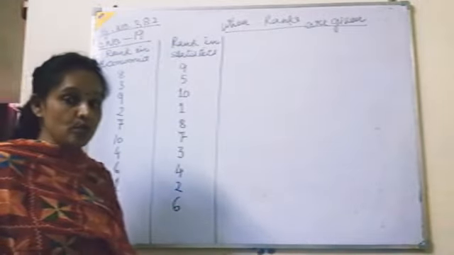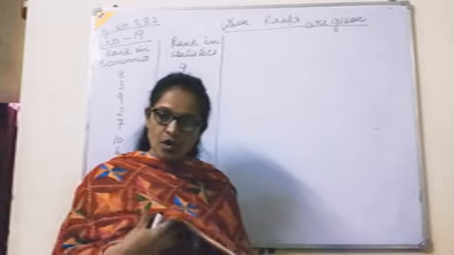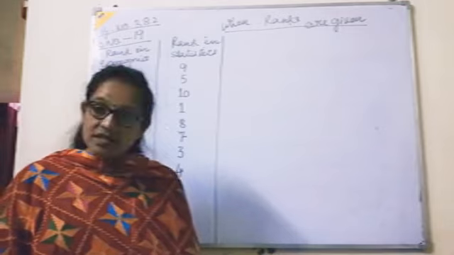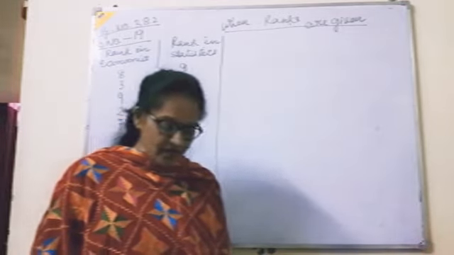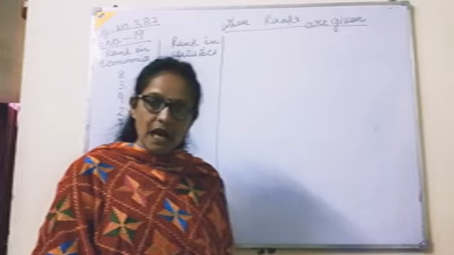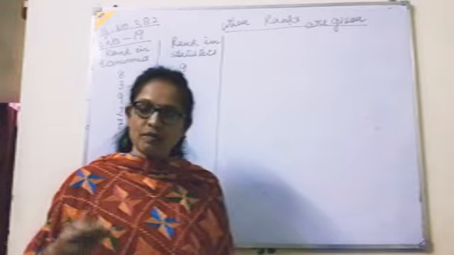Now open your book, all of you, page number 282. That is the third category we need to solve, that is rank correlation. And in that we'll solve question number 19. Now, how will you identify which category a particular question belongs to?